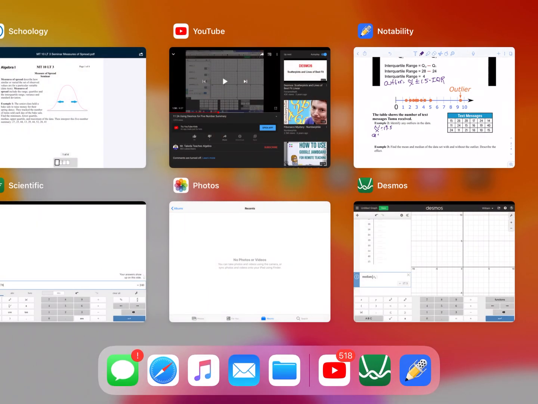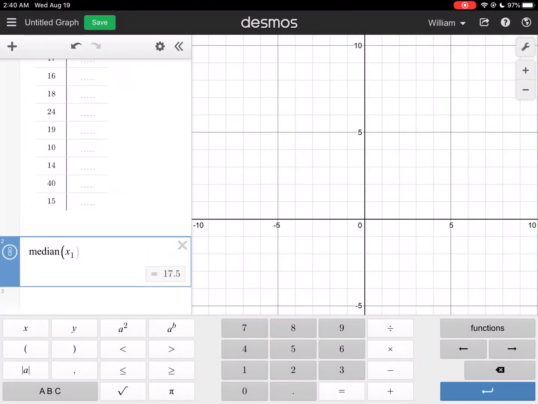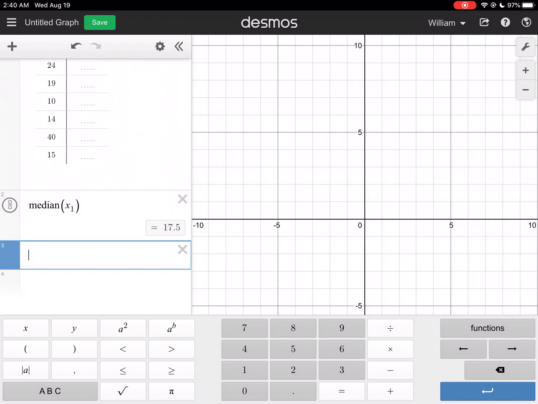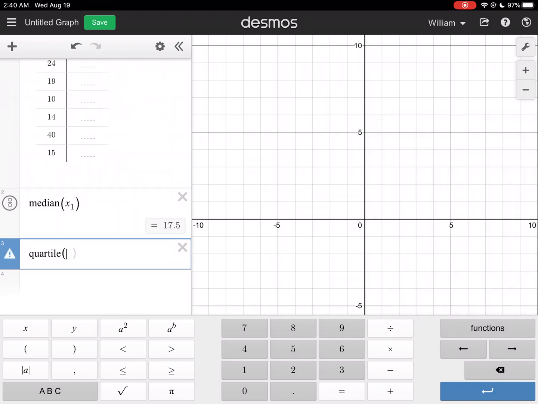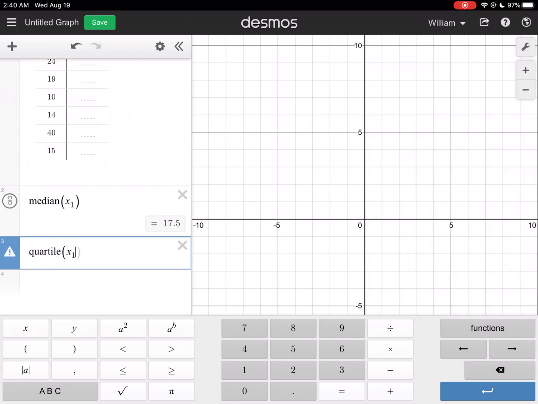So when you find quartiles on Desmos, for your first quartile, you go to functions, and we're going to look at quartile, which is in the third row, first column. And you're going to type in x1, and that tells us the data point. Now it's going to say which quartile. Well, we want to find the first quartile.